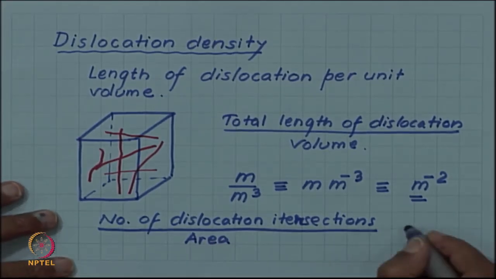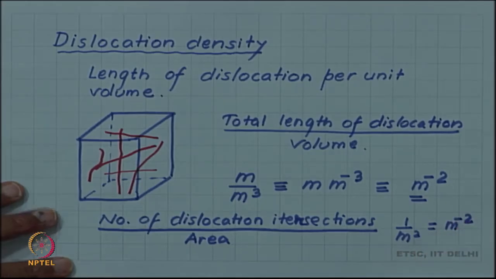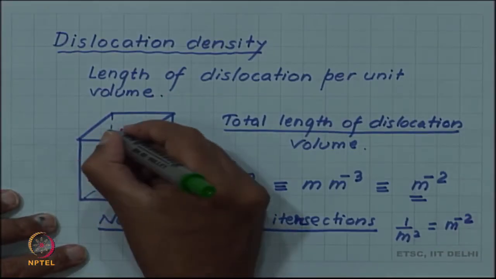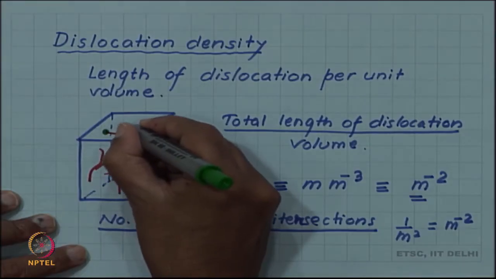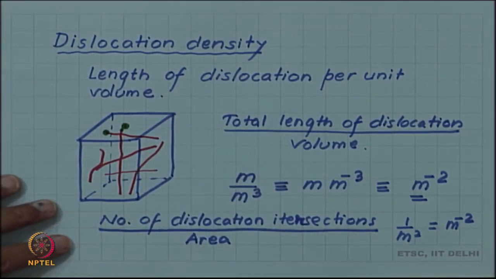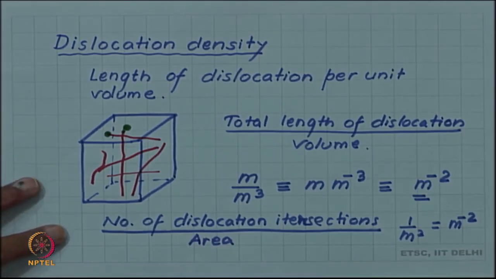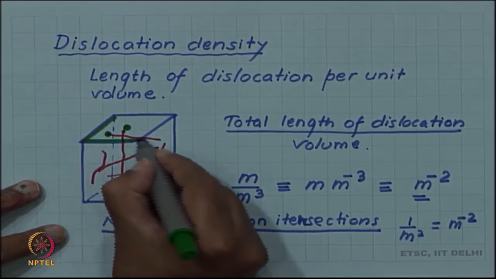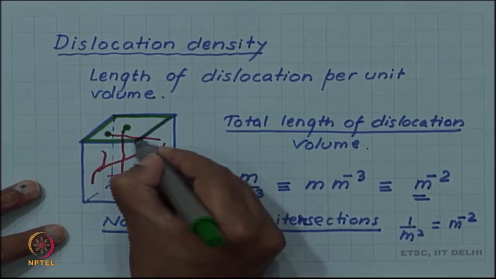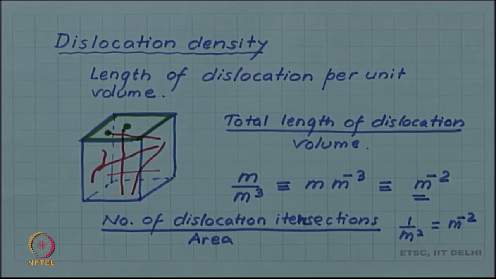So, obviously the number is dimensionless. So, this will directly give you per meter square as the dimension. Here essentially what we are doing is that we are counting, suppose this is a test surface, the number of dislocations which are intersecting that surface, and we divide them by the area of the test surface. Both definitions are used and statistically the two are related.